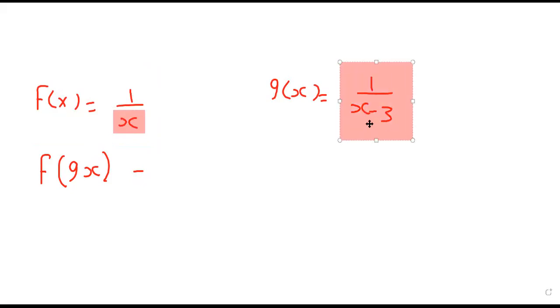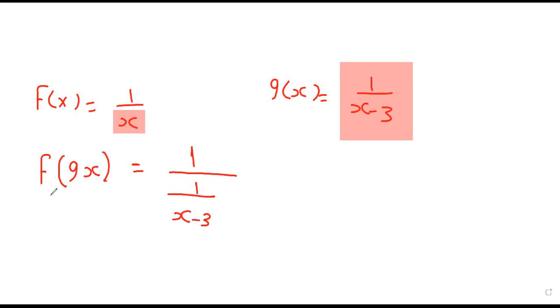So g of x is going into the function f. So it will be 1 over, and instead of x, you are going to write 1 over x minus 3.